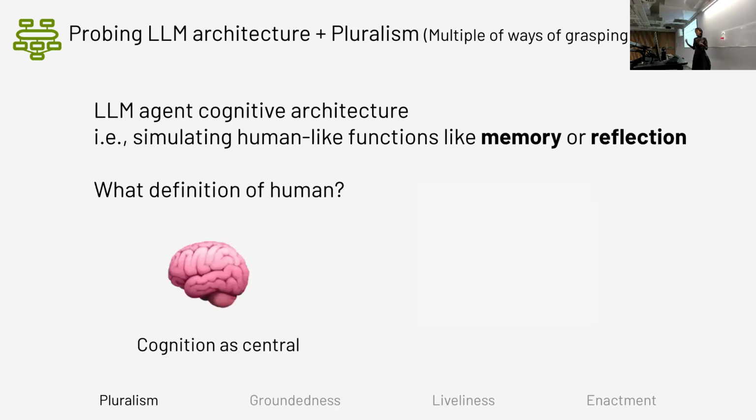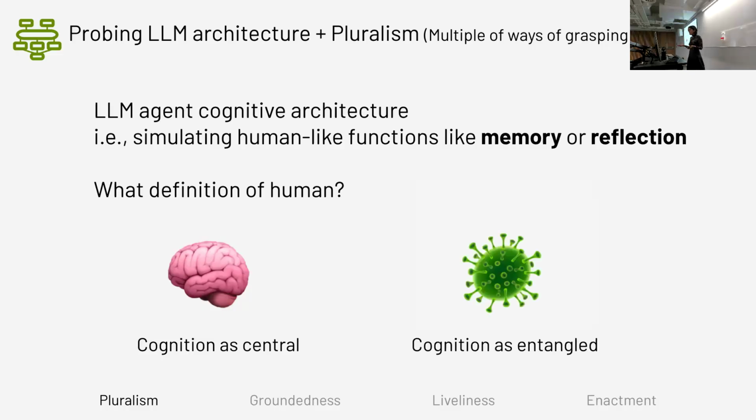Then pluralism highlights a fundamental assumption that is taken for granted here as well, right? This agent architecture models humans as biological individuals whose cognition happens exclusively within their own minds. Yet we know that this is not the only possible conception of cognition in humans. For example, the human microbiome influences our cognition, suggesting we're not discrete individuals, but symbiotic assemblages.